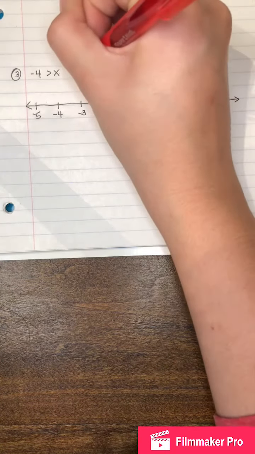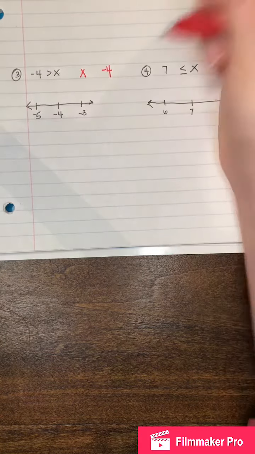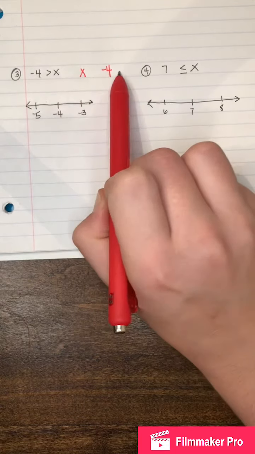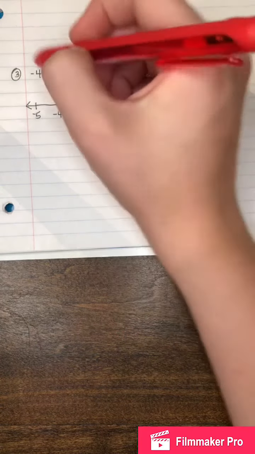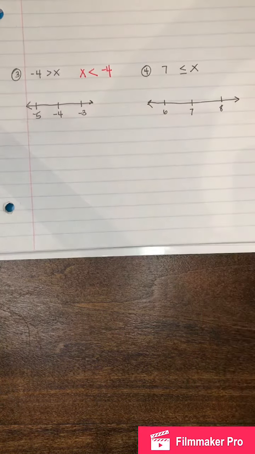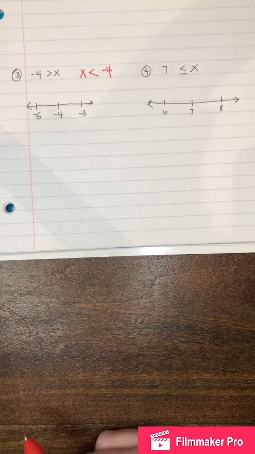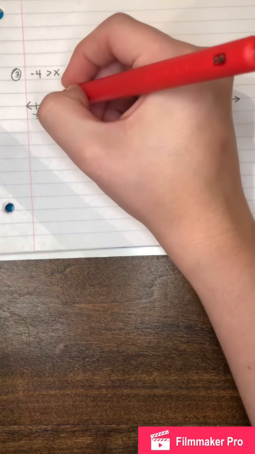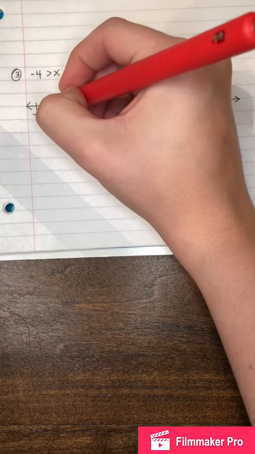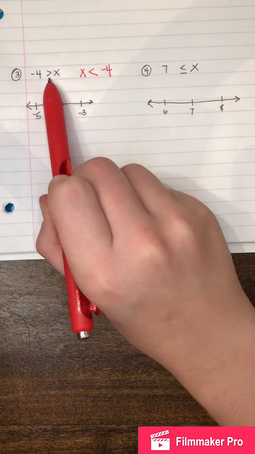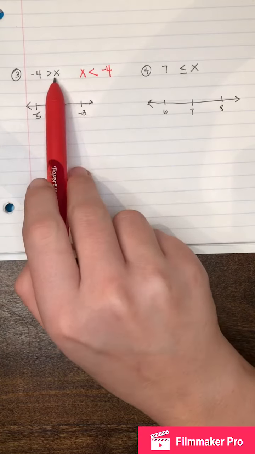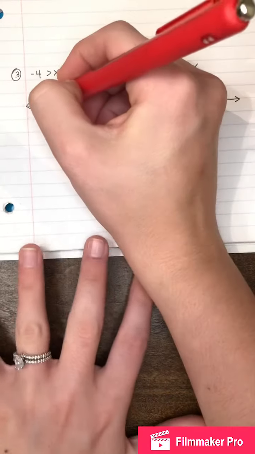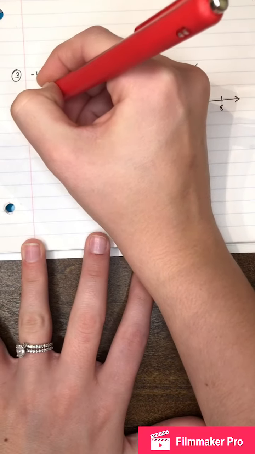I wouldn't advise rewriting it because a lot of times we forget to flip our sign, but if you want to, just make sure if you flip the sides of your variable and constant, you need to flip your inequality sign as well. And sometimes that helps us read it just a little bit better. So when we go to graph it, there's no equal to bar, so you're going to leave an open dot on negative 4. And again, we're not shading to the greater than side. We're not going to the right because x is not greater than negative 4. X is less than negative 4, so we're going to go to the lesser values. Less than, go left.